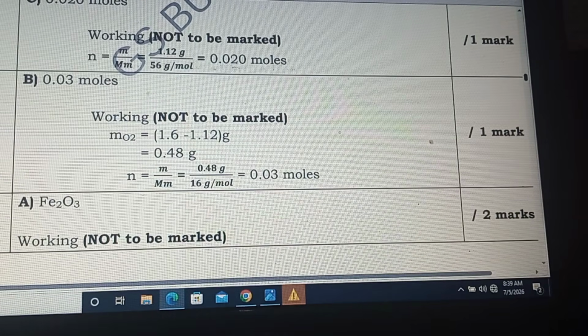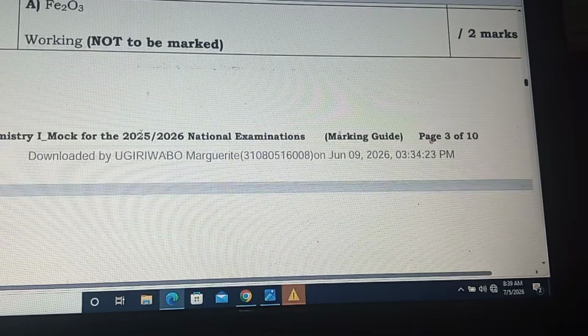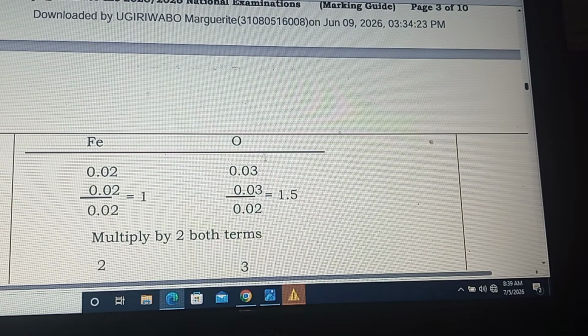We have the number of moles of iron and the number of moles of oxygen we got. And then we take these numbers of moles and divide them by the smallest one. The smallest one is 0.02. Divide here and here. You get 1 and 1.5.